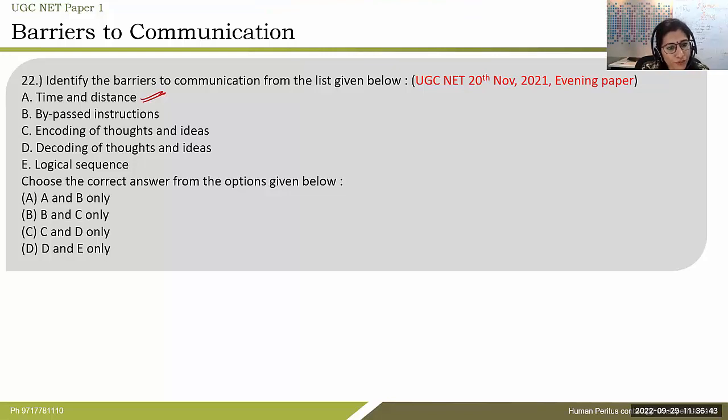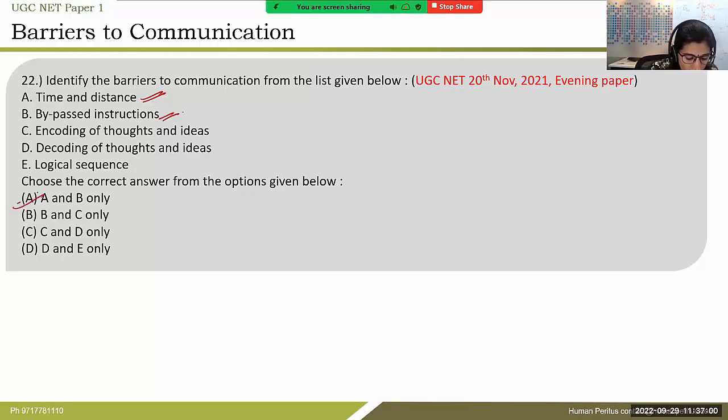Encoding of thoughts and ideas: no, this is not a barrier. This is one of the steps in the process of communication. Similarly, decoding, and logical sequence is a principle of effective communication, not a barrier. So A and B are correct. Accordingly, option number A is the correct option here.